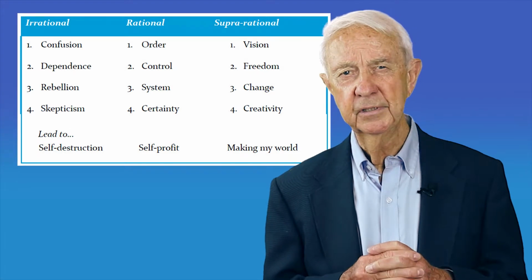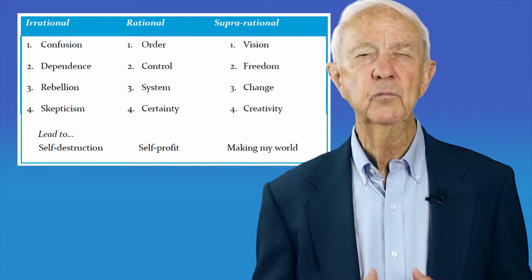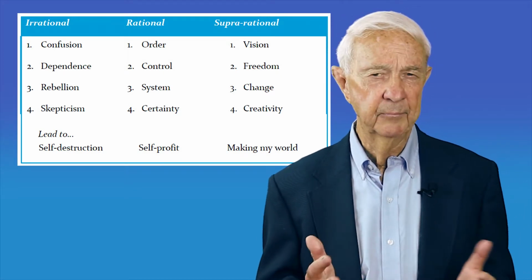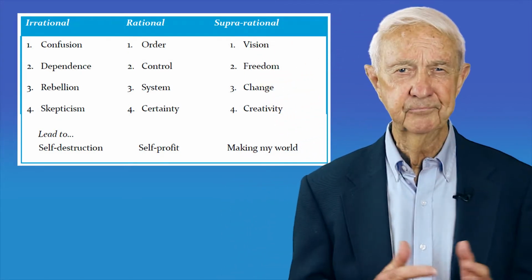So there's always a combination going on inside of us, and these particular tendencies that we are experiencing are combinations of the way we think, the way we feel, and the way we behave. For example, if I'm confused, usually my thinking is illogical.